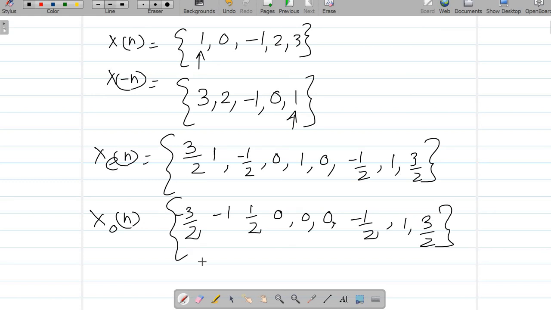So if I add up all this, I should be getting back this. When I add these two, the even part and the odd part, I should get x of n. That is a check, that's how you validate the answers.